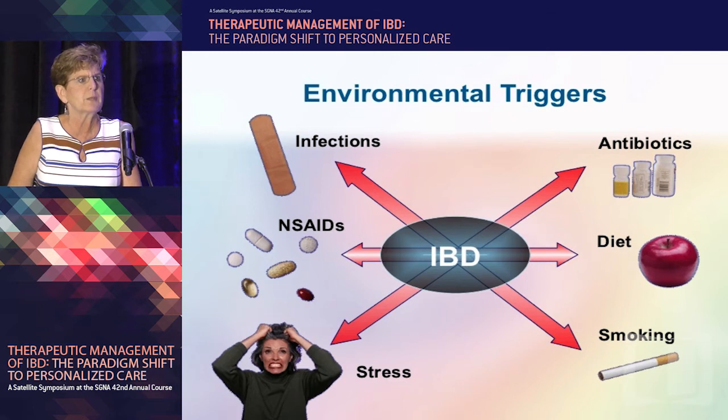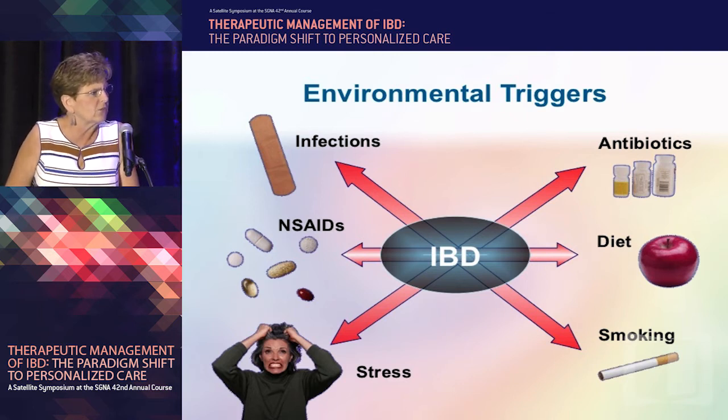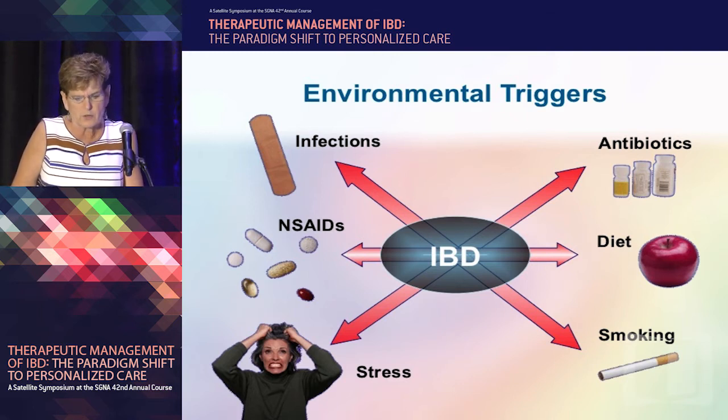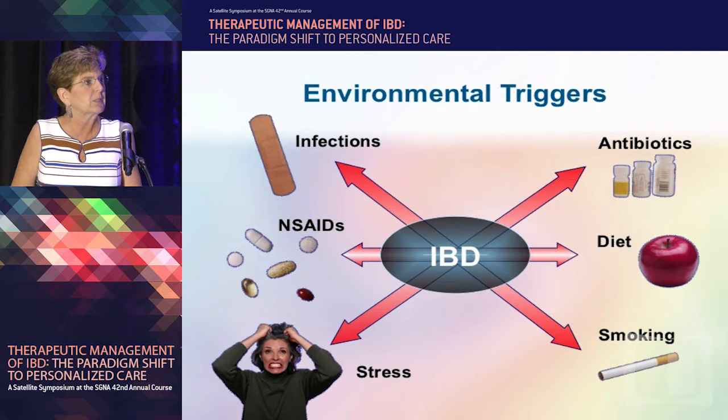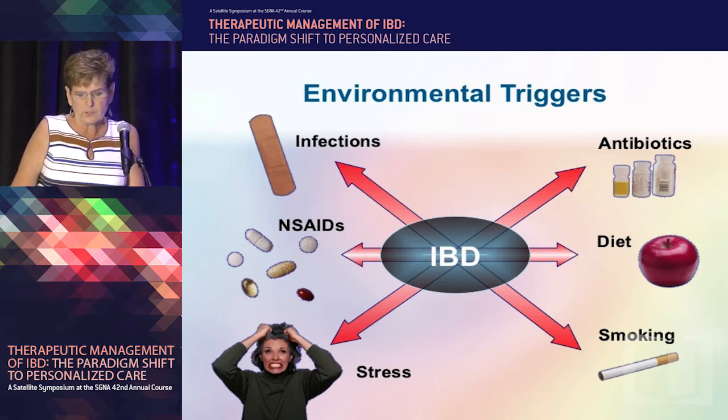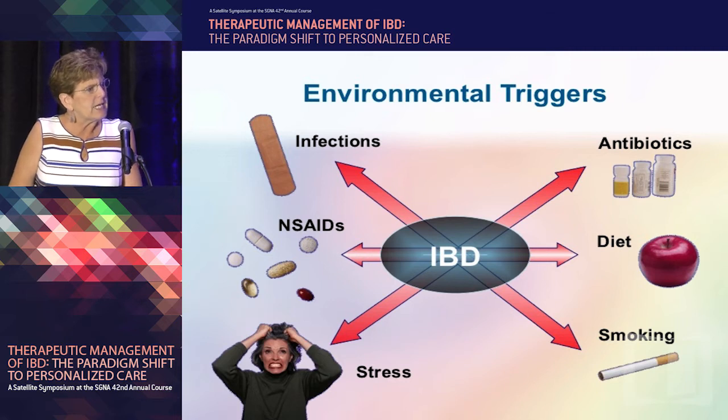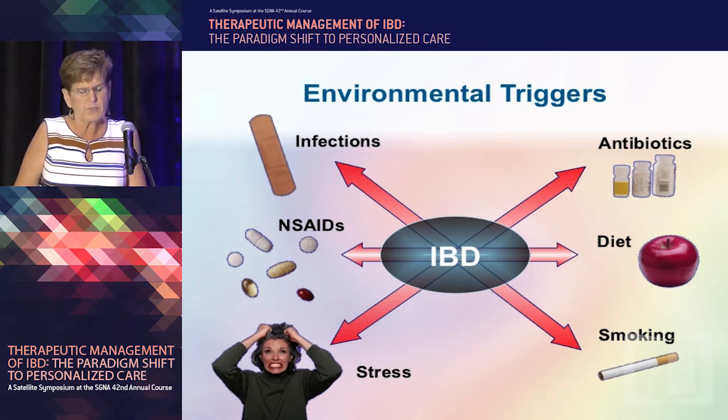Infections, if people had multiple infections as a young child or a young adult. Vitamin D deficiency is on the list. They looked at people in Canada who spend a lot of time inside during the winter. Different dietary things, that there are some animal fats that may be contributing to some of the symptoms. Fiber becomes part of that.